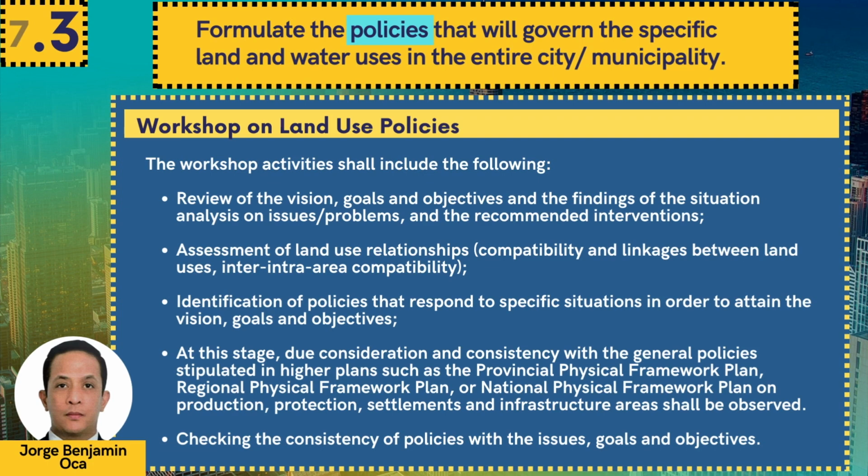At this stage, due consideration and consistency with the general policies stipulated in higher plans, such as the Provincial Physical Framework Plan, Regional Physical Framework Plan, or National Physical Framework Plan on production, protection, settlements, and infrastructure areas shall be observed, checking the consistency of policies with the issues, goals, and objectives.